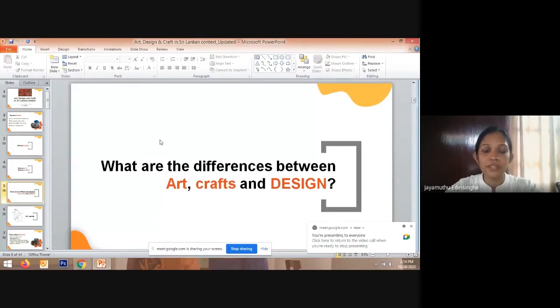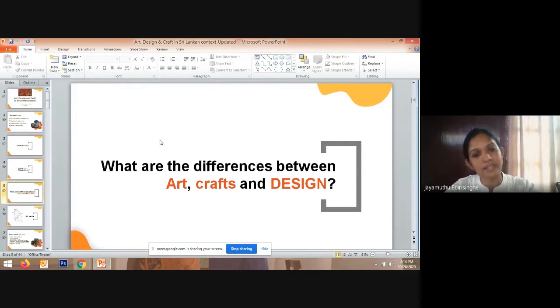Everything is pre-planned and it is always problem solving. Whereas in art and craft, there won't be a problem, but it could be just the expression of the artist or craftsman, right? And again, in design, it is not only aesthetics, but even the functionality is important.